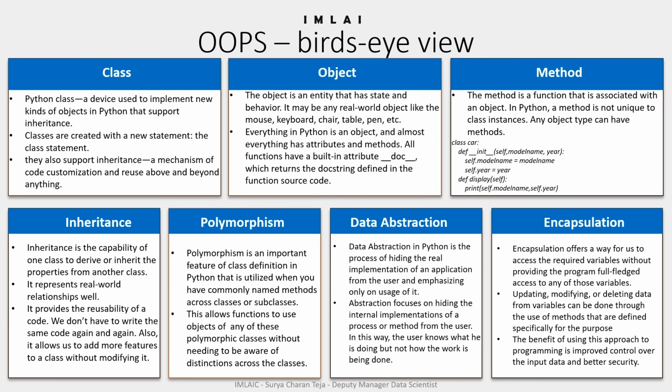So if you use x equals 20, or some name as a variable in your method, you can use the same variable name in another method also. That is the power of encapsulation.